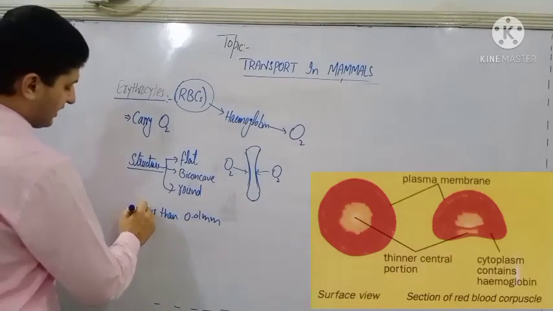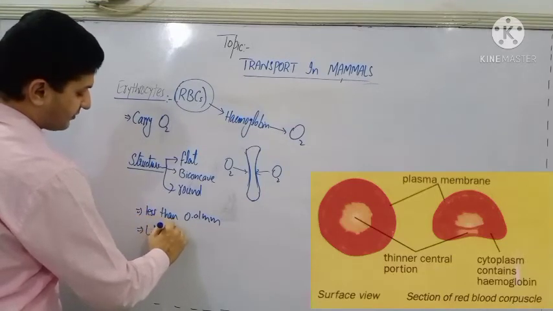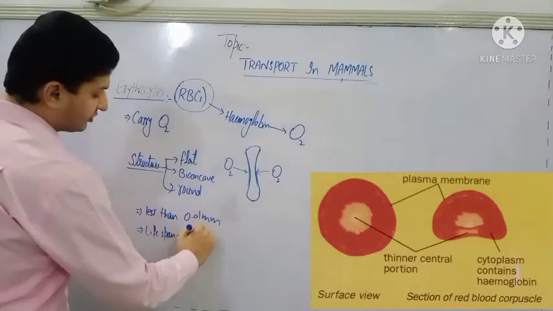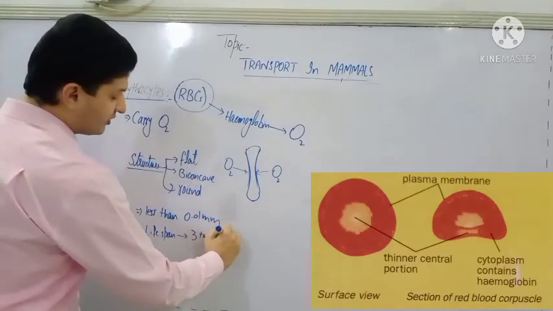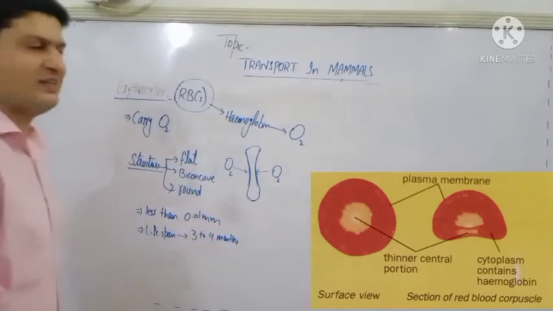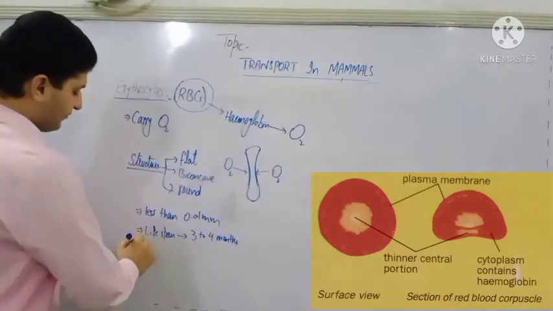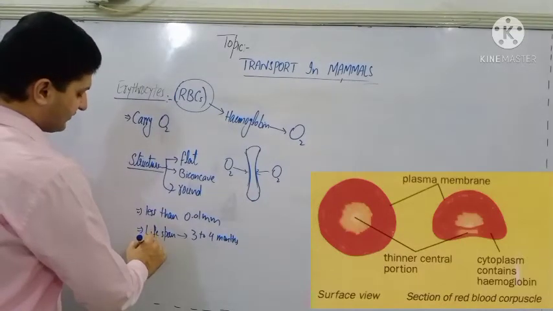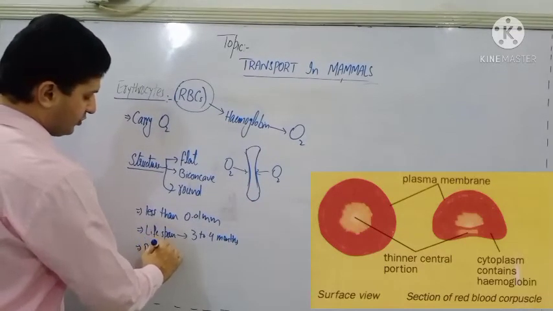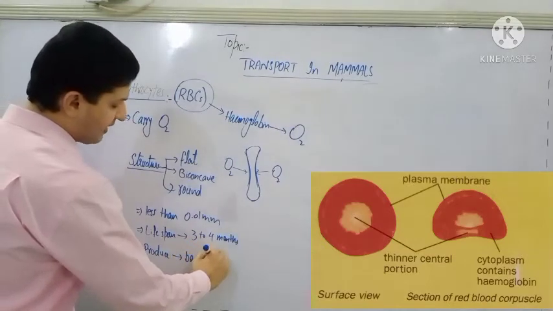Their lifespan is about 3 to 4 months, and after 3 to 4 months these red blood cells die. And how are they produced? These red blood cells are produced in our bone marrow.